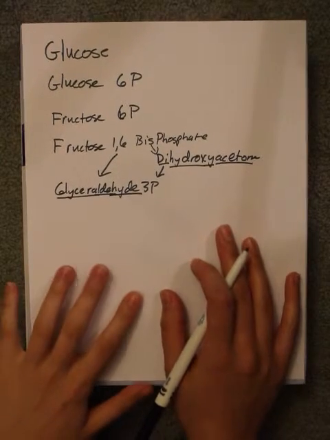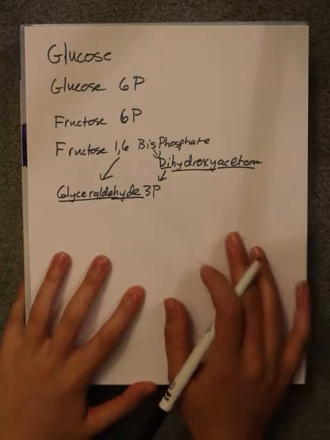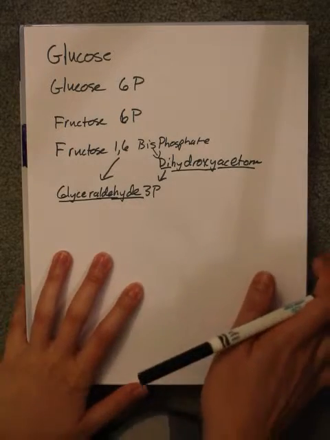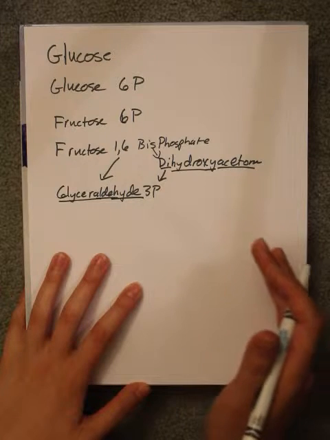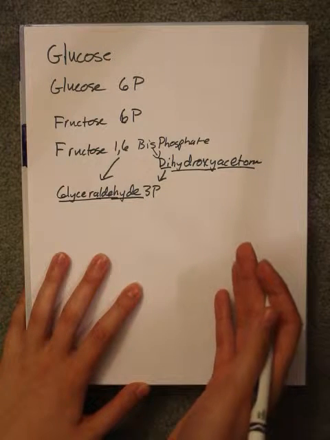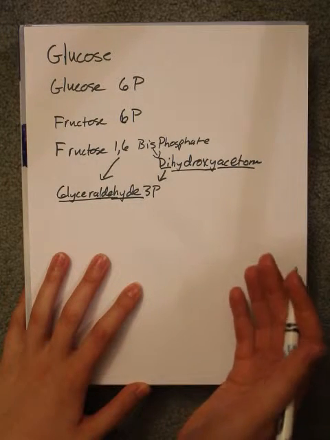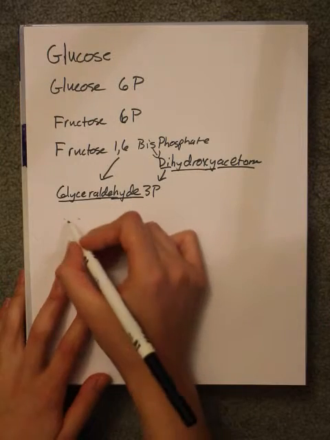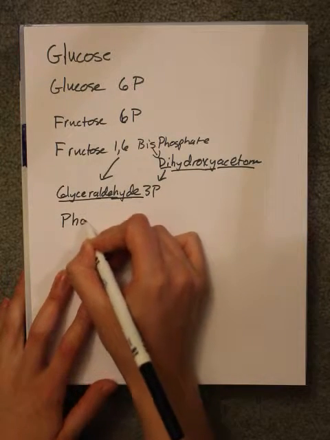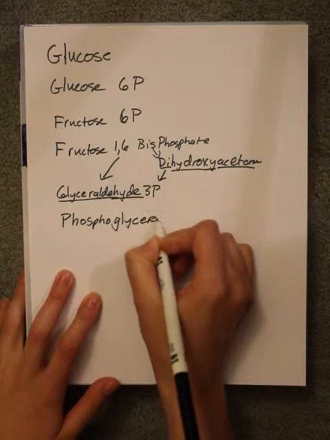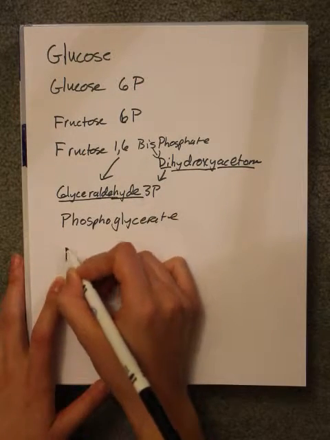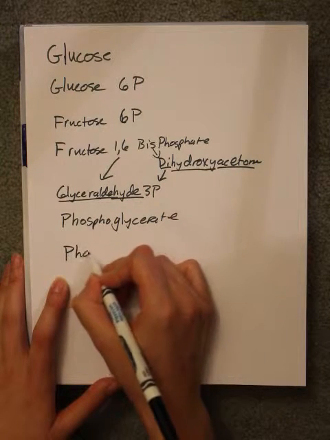And the next part, I think, might be the easiest part of the entire glycolysis pathway. Literally, you write down phosphoglycerate 5 times. So here are the 3 compounds.